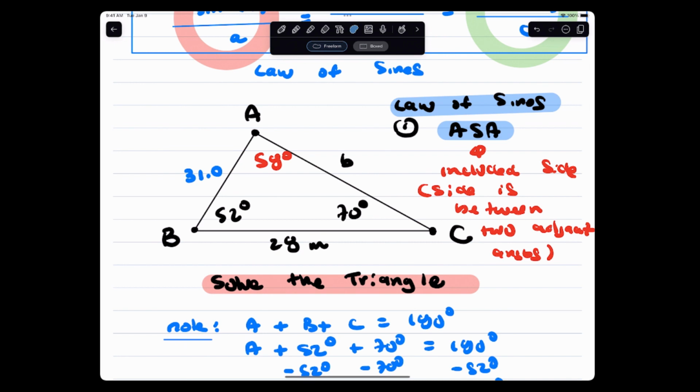What do you think you have to find now? You have to find little b. Is that true? So I'm going to repeat this here. Notice something: to find little b, I have to use the opposite angle, which is big B, and that measures what? 52 degrees.